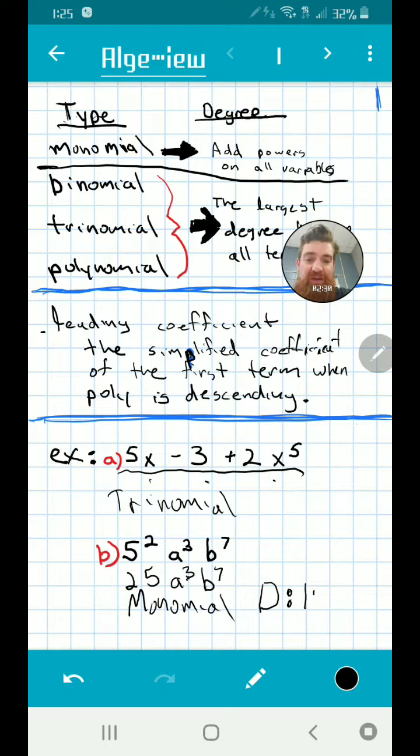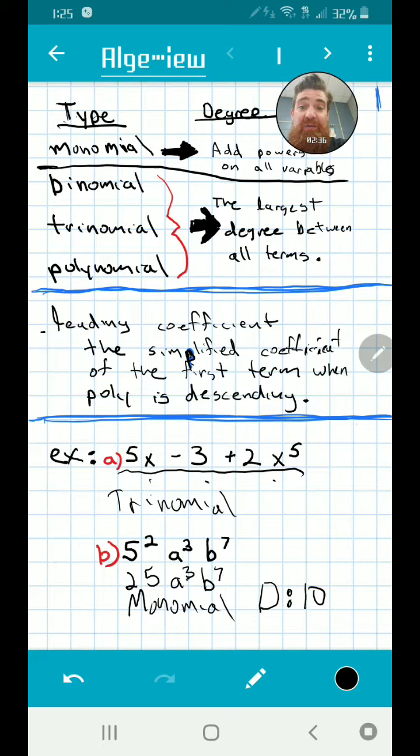Okay, now if you have anything else, if you had a binomial, trinomial, or general polynomial, you're going to look at each one of the terms, and the degree of the whole problem is going to be the largest degree between each term. So example A, that was a trinomial. We're going to pick the largest degree between all the terms. This first term has a degree of 1.